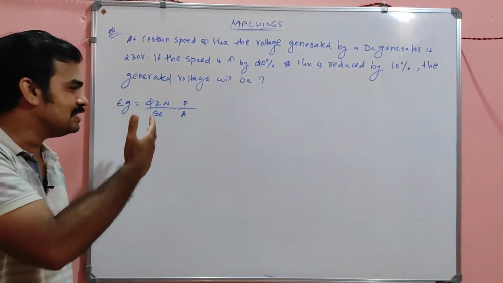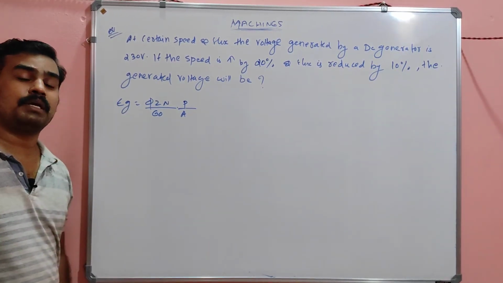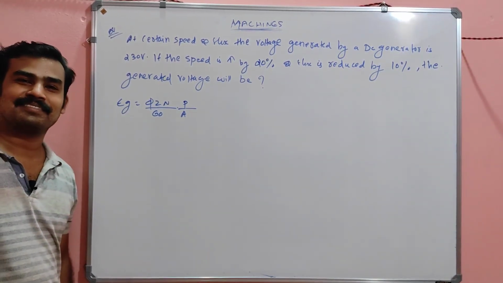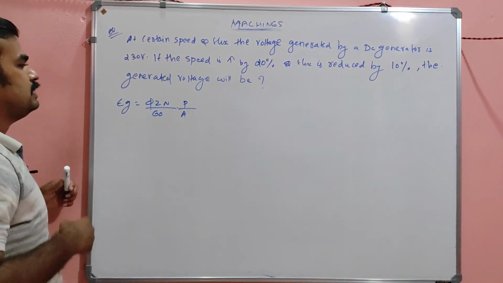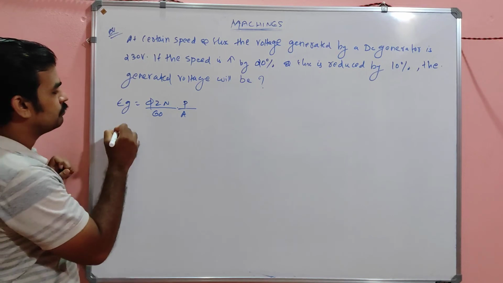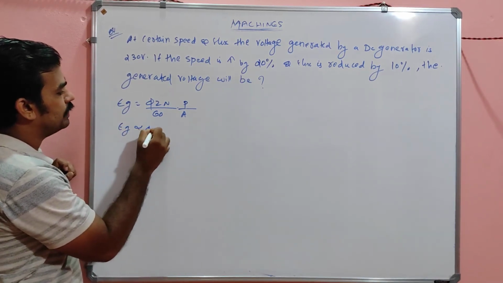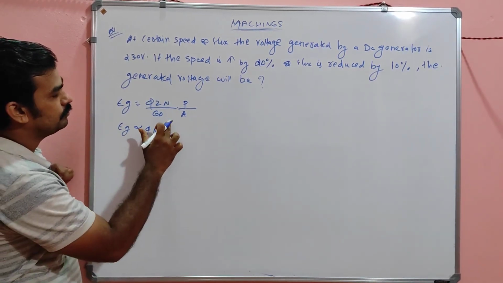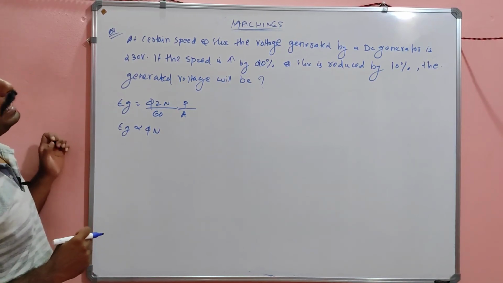You can play with this equation many times; many questions you can solve with it. From this, P is constant, A is constant, Z is constant, so Eg is proportional to phi n. Correct?